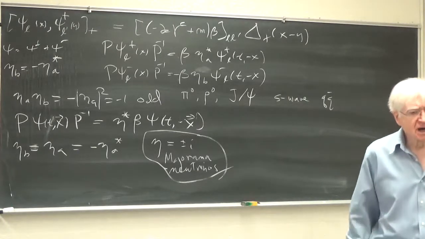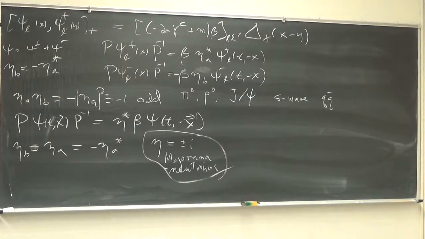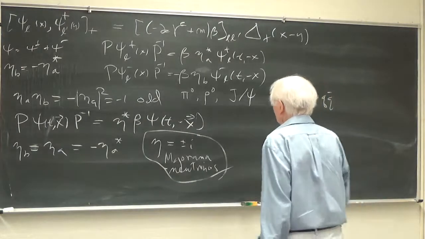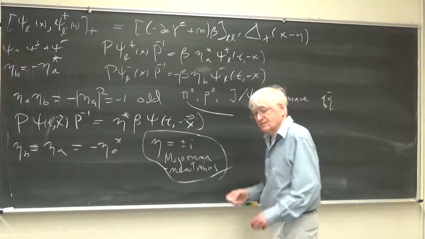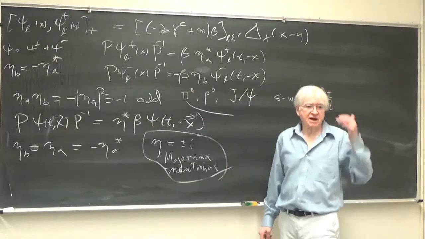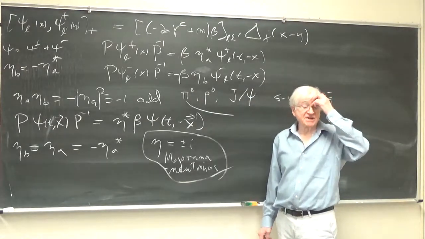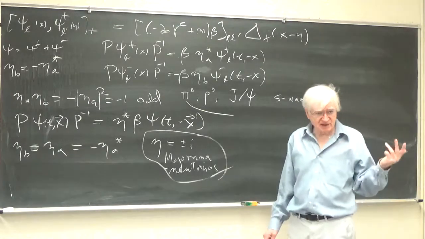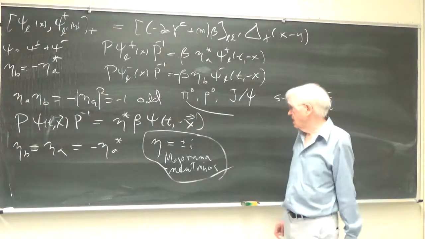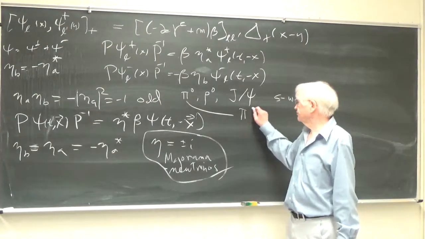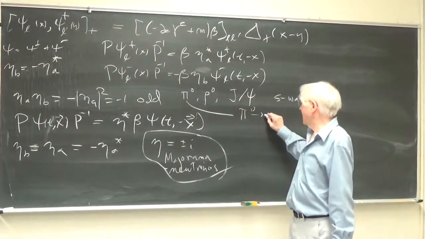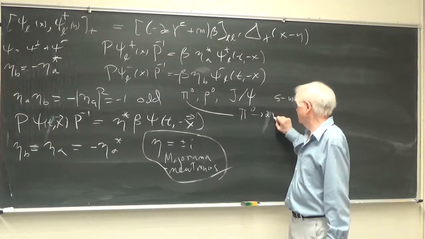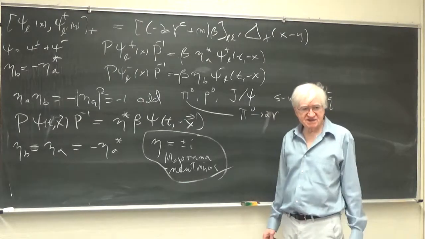Yes? What was this business of pi 0, rho 0? I kind of missed what you were saying there. Well, the pi 0, what is this? pi 0 is a spin 0 meson that occurs in 3 states, pi plus, pi minus, and pi 0. And the pi 0 decays into 2 gammas in around 10 to the minus 16 seconds.